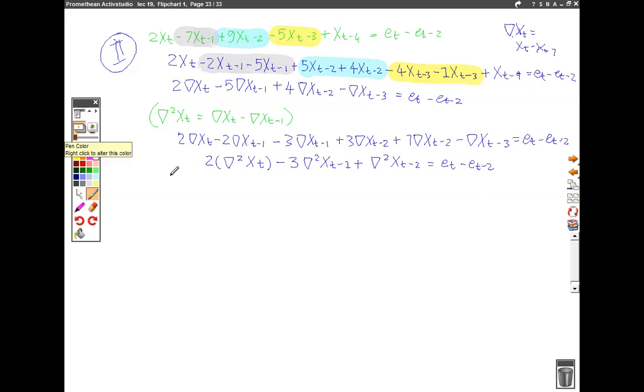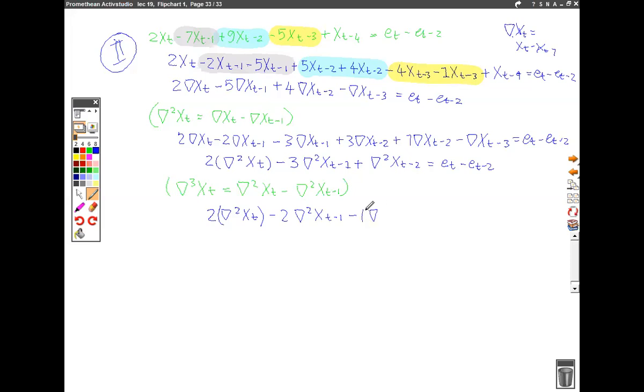So you remember the fact that if I were to write my nabla cube xt, it will be nothing but nabla square xt minus nabla square xt minus 1. And you try to perform the same operations on this again. So what you get is 2 nabla square xt is what you have. And what you want to do is you want to take 2 out of this. So you take 2 nabla square xt minus 1, and you're left with 1.